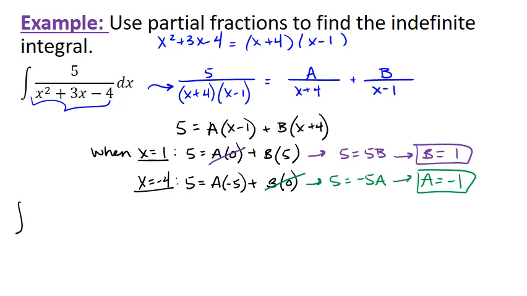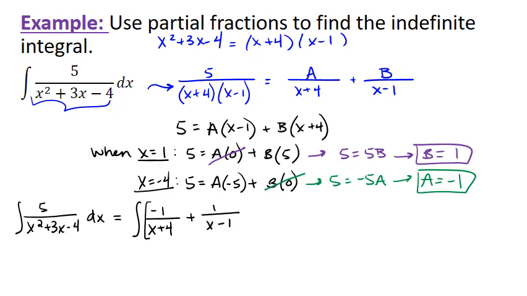So the integral that we started off with was this. But I know that this is equal to this: -1 over x plus 4 plus 1 over x minus 1 dx.